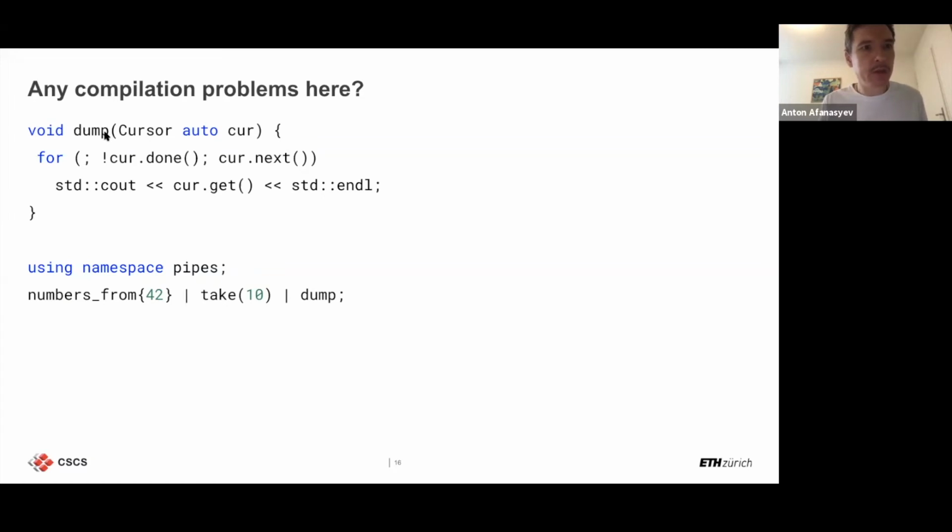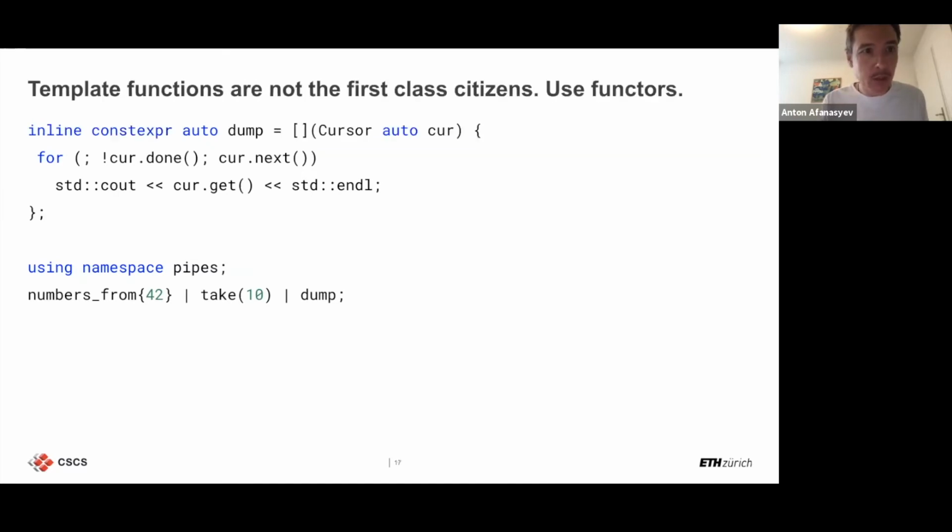As you may know, in C++, functions are objects, and they can be passed to functions, but not templates of functions. This dump is an uninstantiated template, so it cannot be passed to the function. So we are failing here.